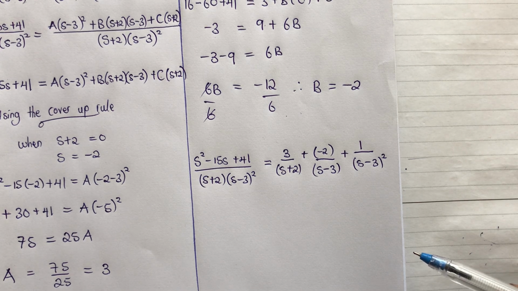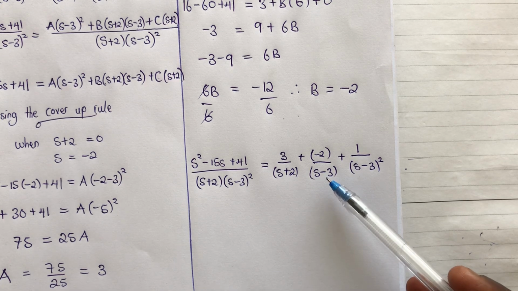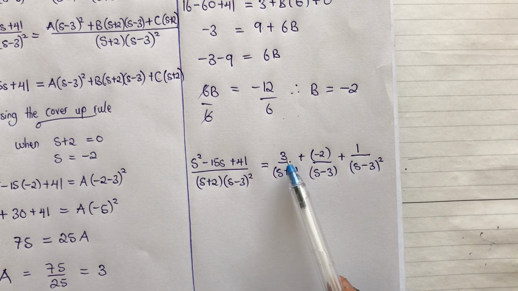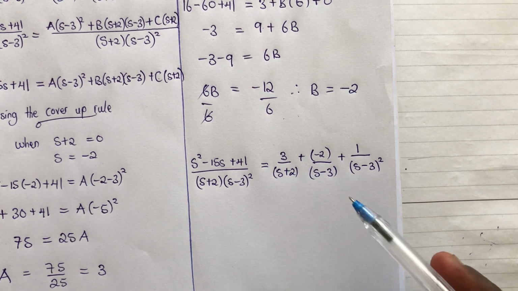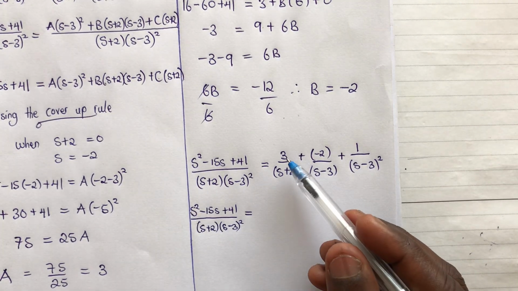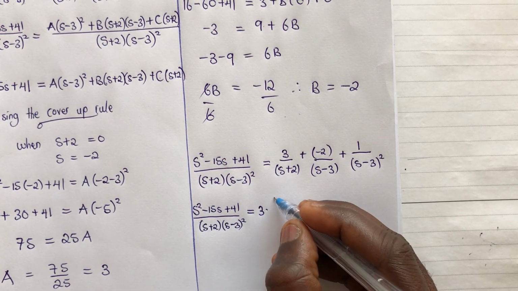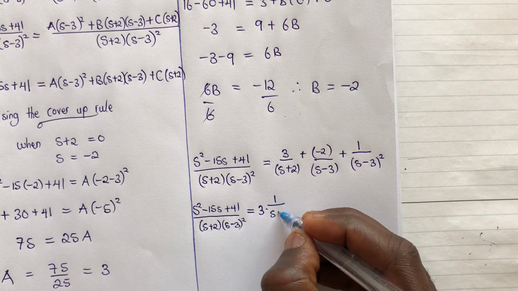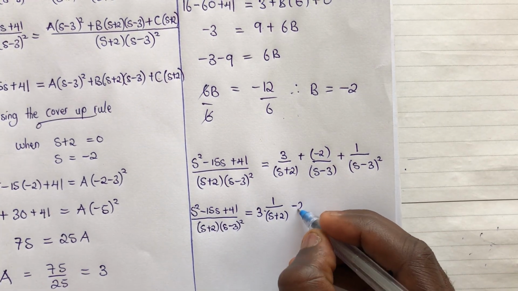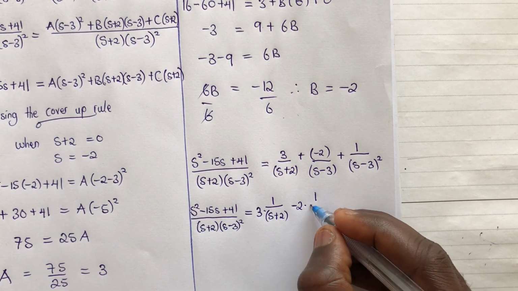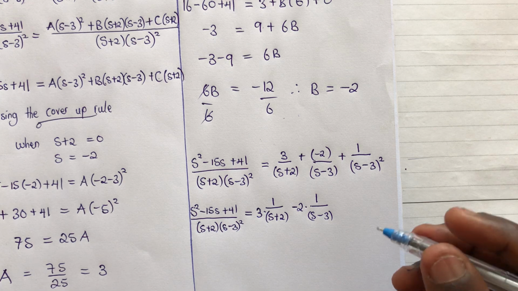So the next thing to do is to now find the inverse Laplace transform of your result. But to be able to do that, we need to factorize all these constants out. So let me rewrite the equation, then we factorize these constants out. When I factorize 3 out, I'm getting 3 times 1 over s plus 2. Then, when we factorize this out, we have minus 2 times 1 over s minus 3. Then, this one, we don't need to factorize anything.